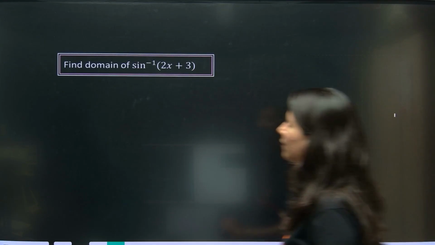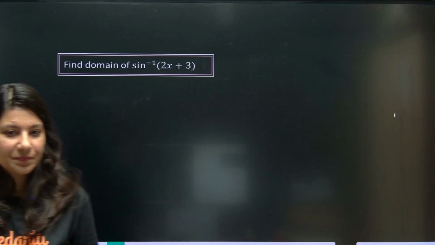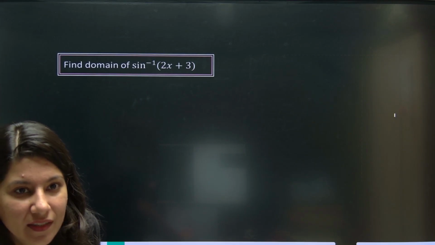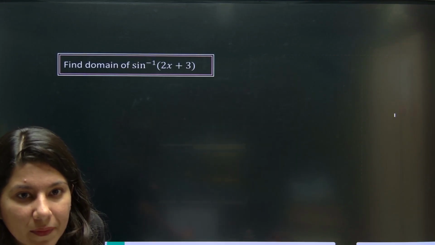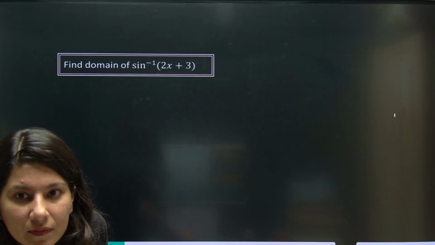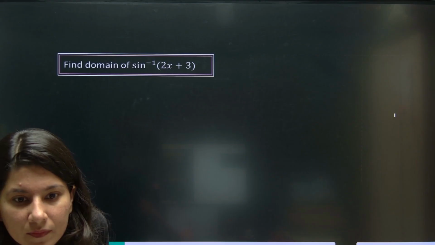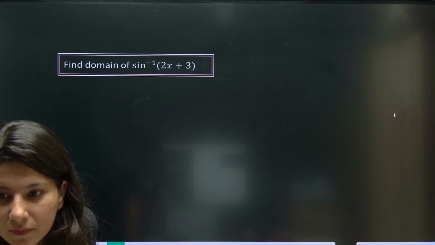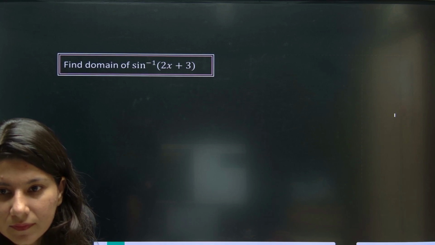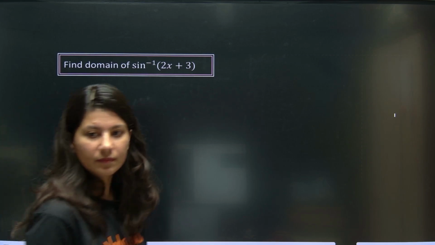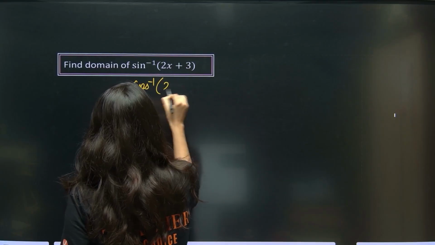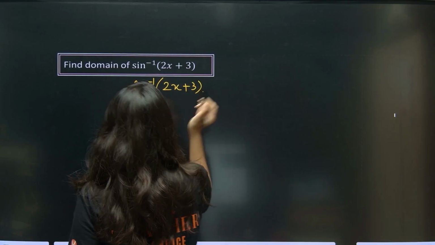Okay. Find the domain of sin inverse 2x plus 3. Or for that matter, cos inverse 2x plus 3 also will be the same.